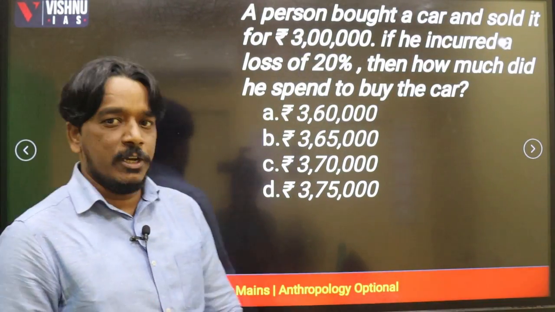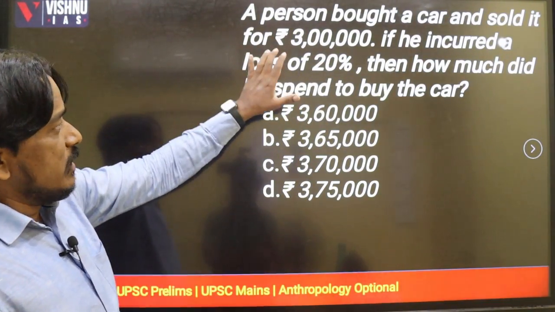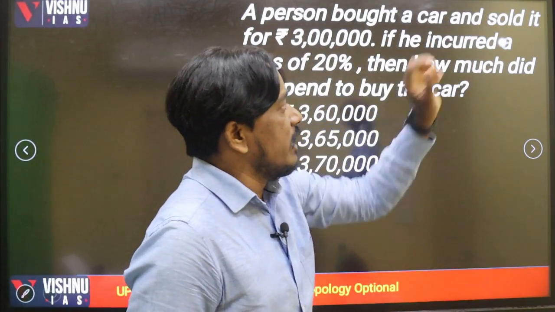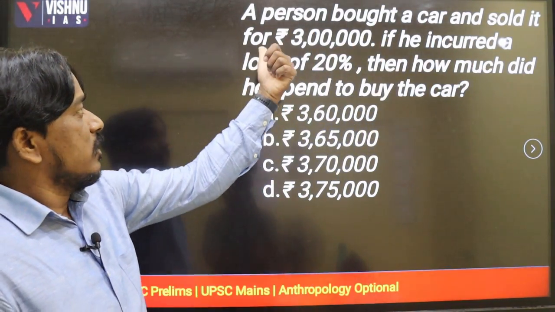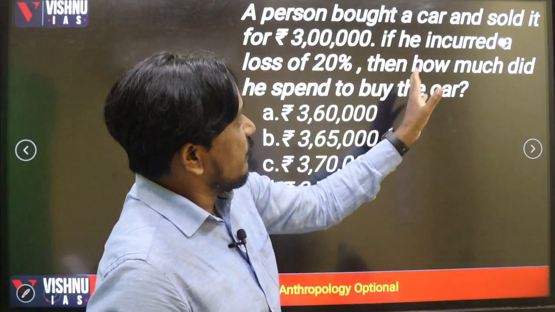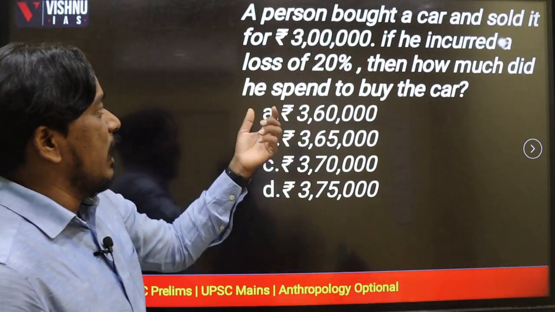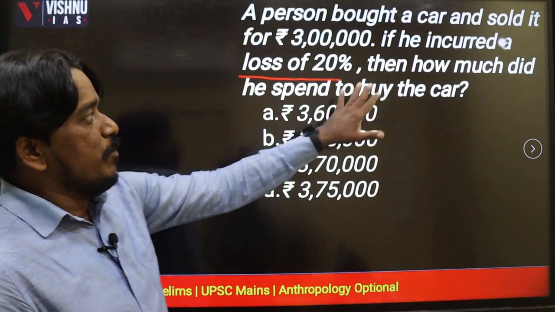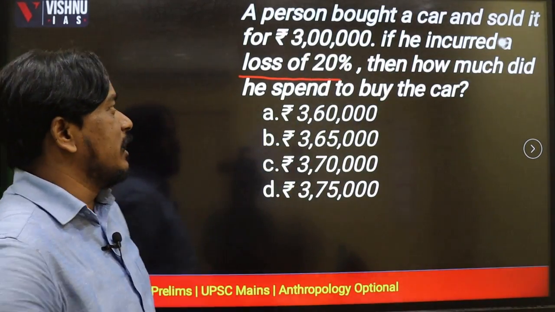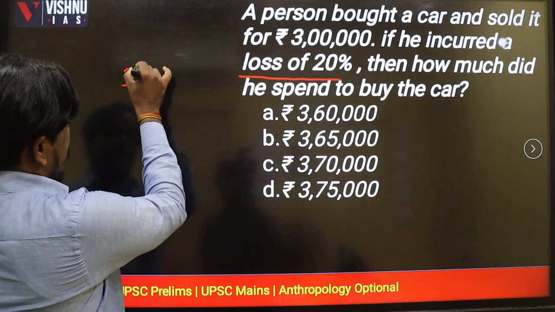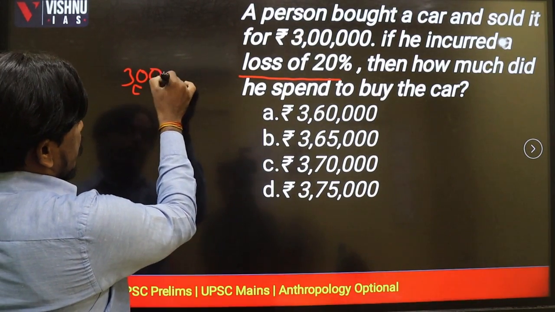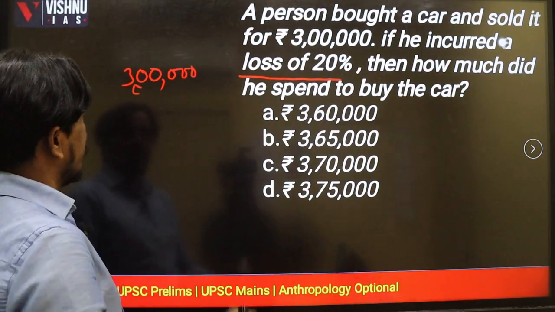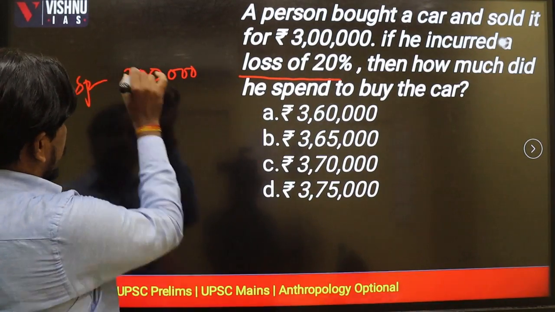Now let's see another question here. A person bought a car and sold it for 3 lakh, if he incurred a loss of 20%. Clear? Here a person bought a car and sold it for, selling price we are getting 3 lakh. The selling price you can take.